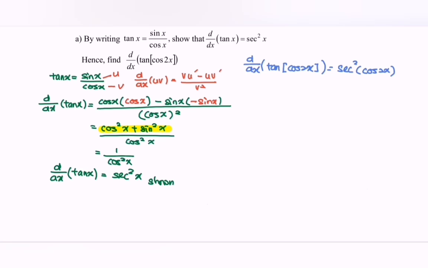If we differentiate the cos, we will have negative sine 2x. If we differentiate the 2x, we will have 2. So rewriting, the derivative of tan(cos 2x) with respect to x is negative 2 sine 2x multiplied by secant squared of cos 2x.